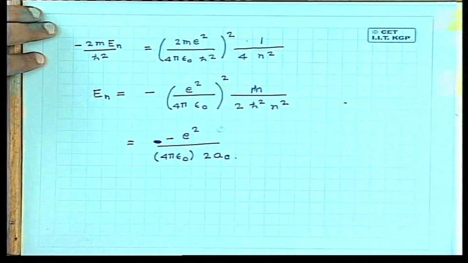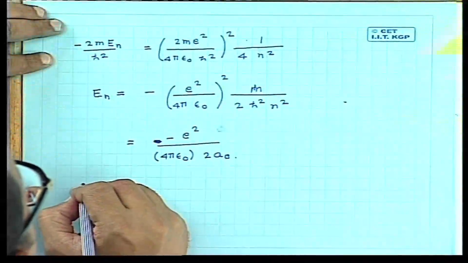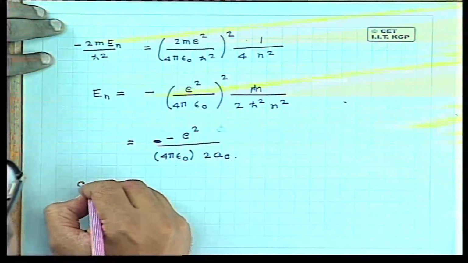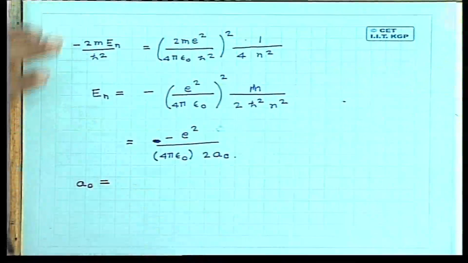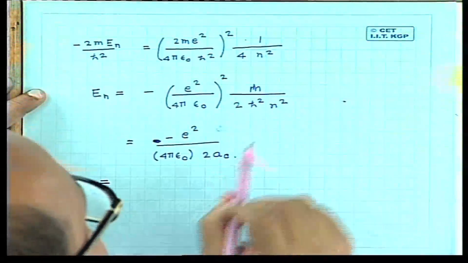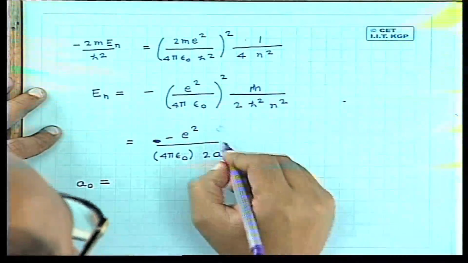So let us identify what is a naught now. So a naught is going to be a naught into n, so the n will come in here, n squared.